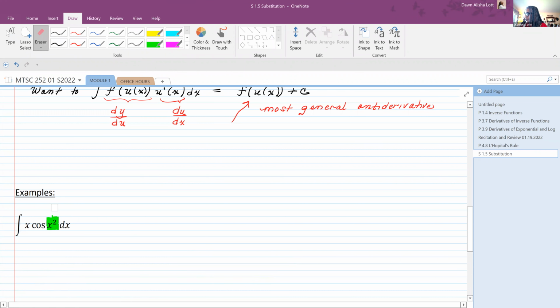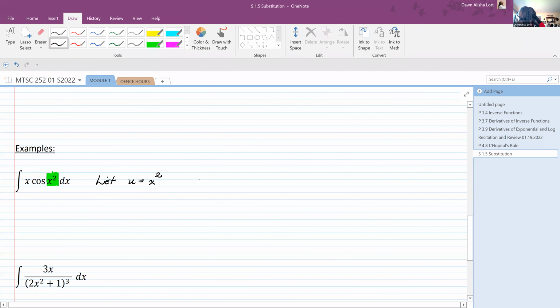That's its derivative, so this is dy du, and then I have to find du dx. So now I am going to let u equal x squared, and then du is 2 times x dx.